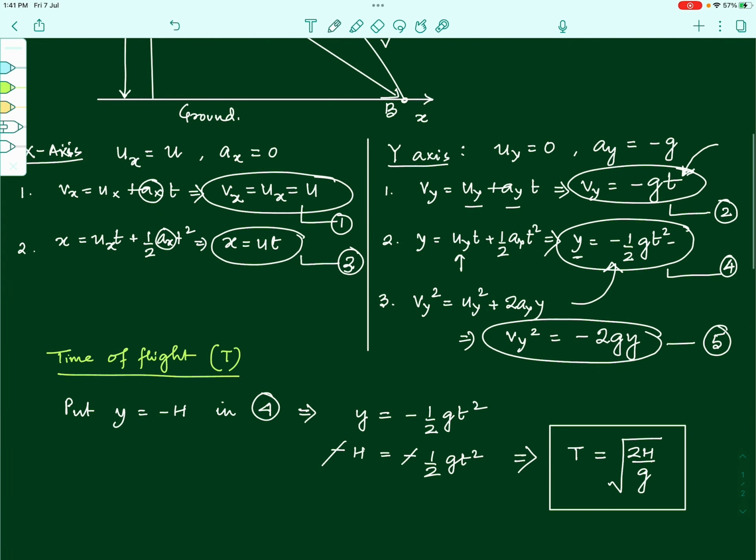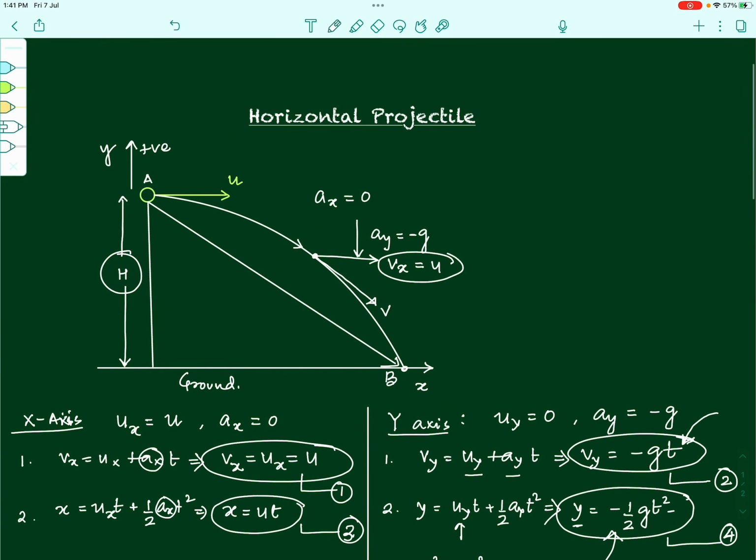Do we remember this expression? We have worked upon this expression earlier also, root of 2h by g. What is this expression? If you look carefully, this expression is nothing but the same time that a particle which is simply dropped from a height h will take to reach the ground.